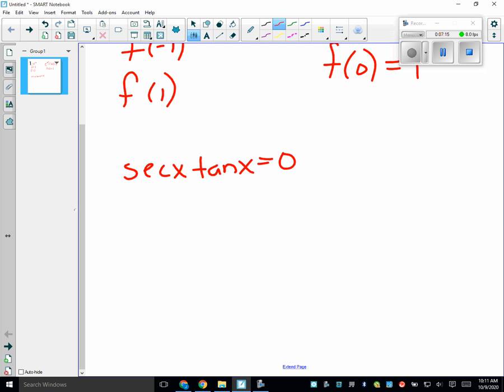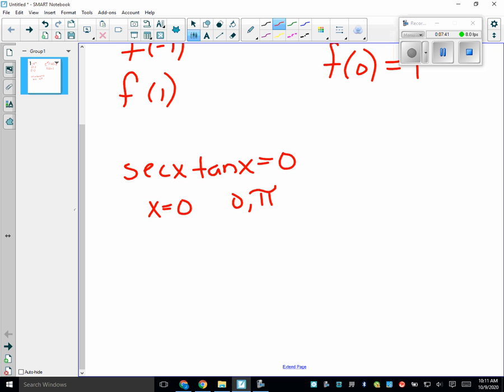So when is tan x equal to 0? Do you know? At pi over 2. When sine is 0? When sine is 0. Very good. So when is sine 0? Pi over 0. Where else? Pi. So x equals 0 at 0 and pi.